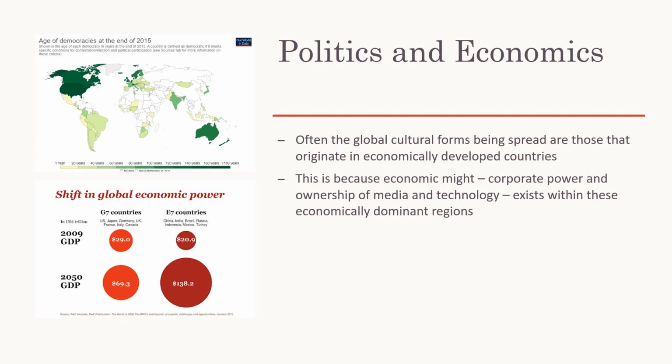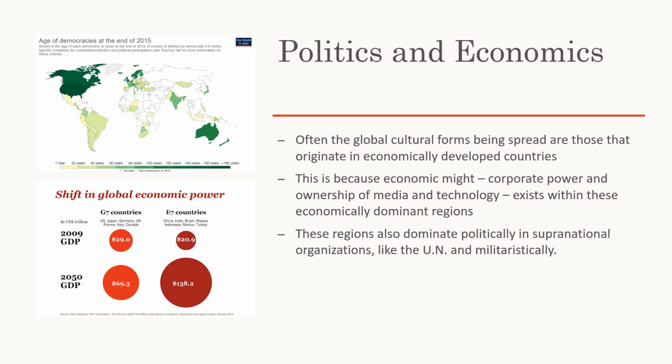That sometimes becomes economic might, corporate power and ownership of media exists in those economically dominant regions. And because of this, those economic dominant regions oftentimes also dominate the world politically in terms of supranational organizations like the UN and militaristically.